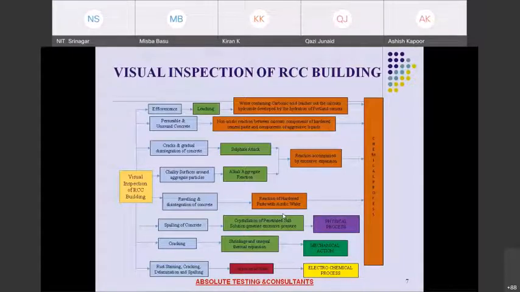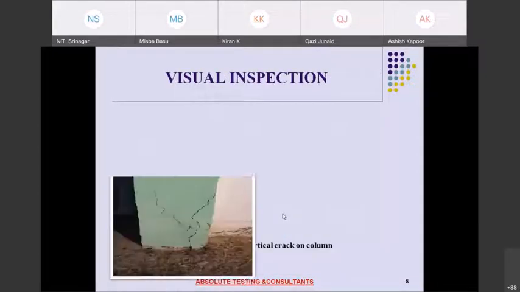As the size of that steel reinforcement increases because of the deposition of rust, internal pressure starts developing, and that internal pressure will exert pressure towards the cover side, and initially the crack will develop, which leads to the disintegration of cover from its parent concrete, which you can see here.